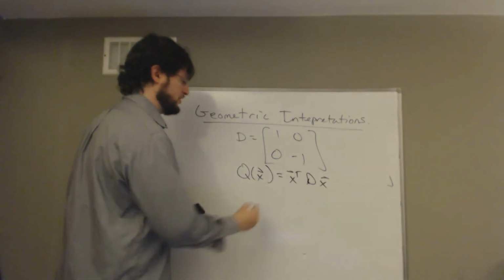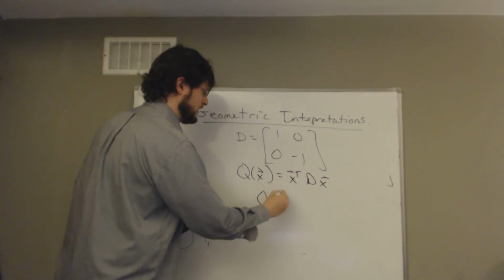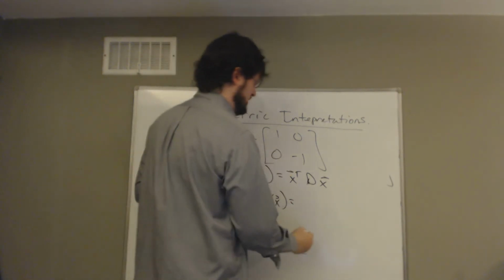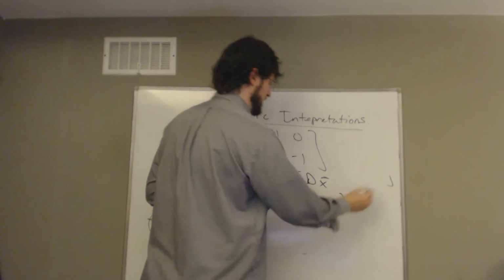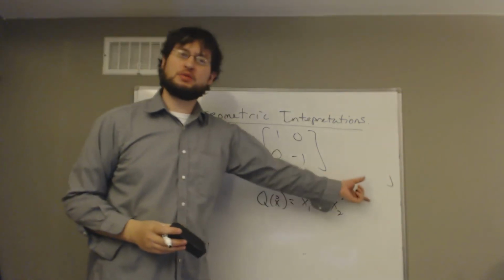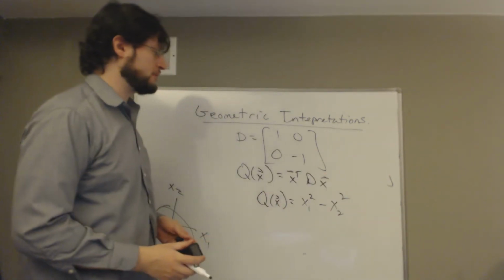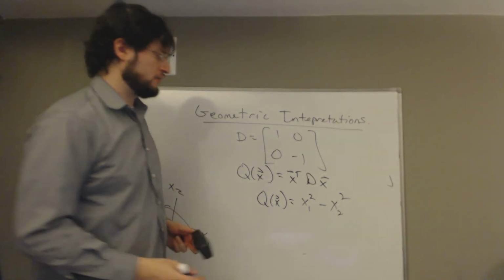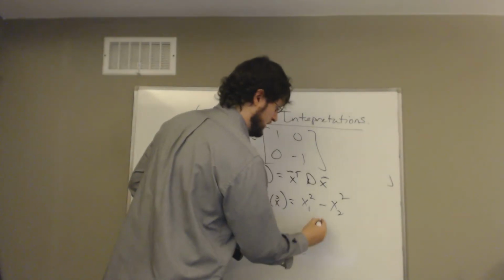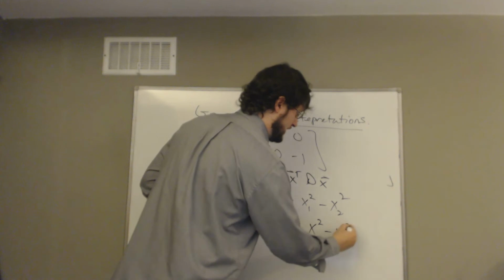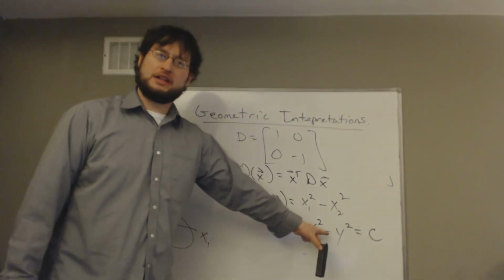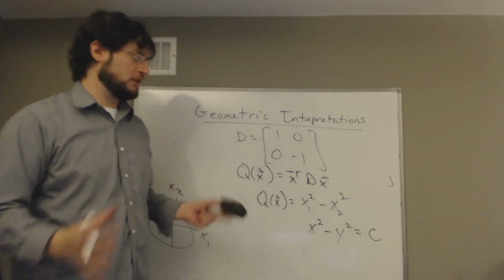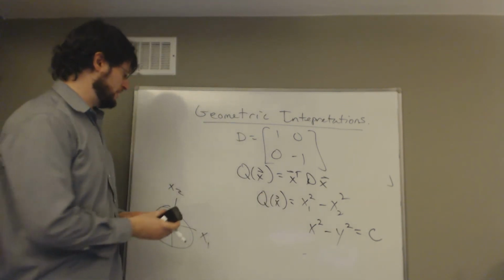This corresponds to q at x equal to x1 squared minus x2 squared. If I would set this equal to a constant, instead of an ellipse, what we get is a hyperbola. If I looked at the equation x squared minus y squared equal to some constant c, because of this minus rather than the plus, we don't get an ellipse, we get a hyperbola instead.